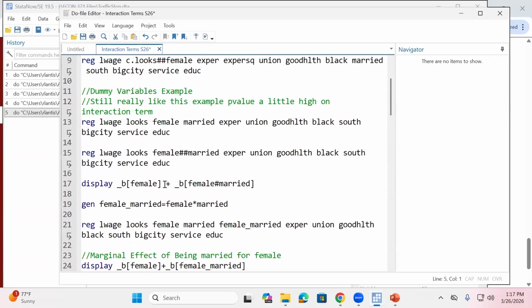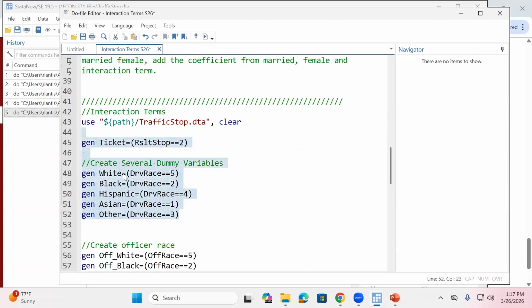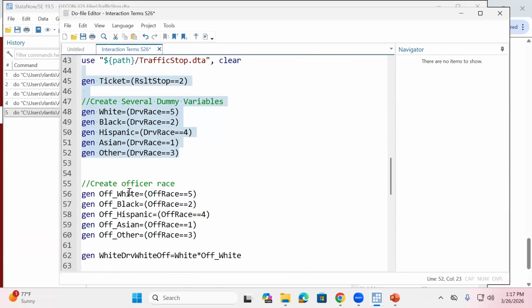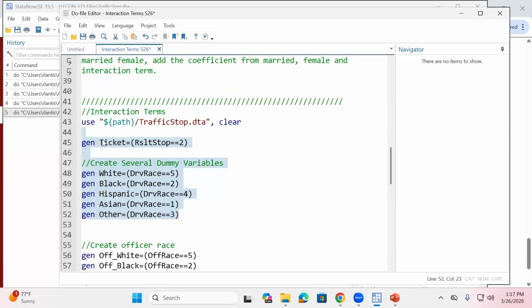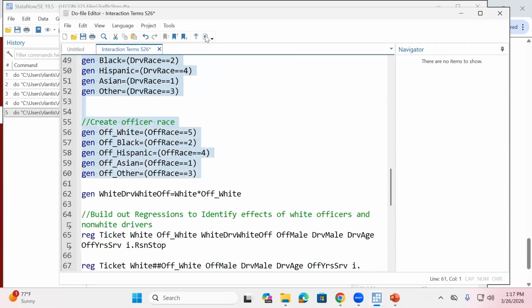And we'll come back to this because there's an interesting other result we can look at this data set for. Okay. So when I'm using that traffic stop data, I'm going to create also these dummy variables that identify the driver's race and then the officer's race. My thought experiment was, this is an interesting data set because what if I'm pulled over?